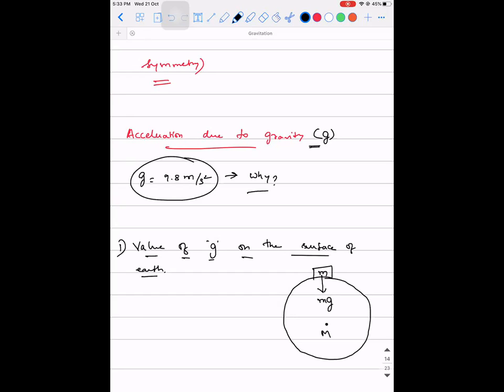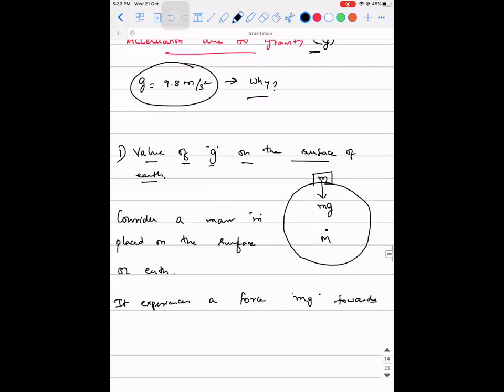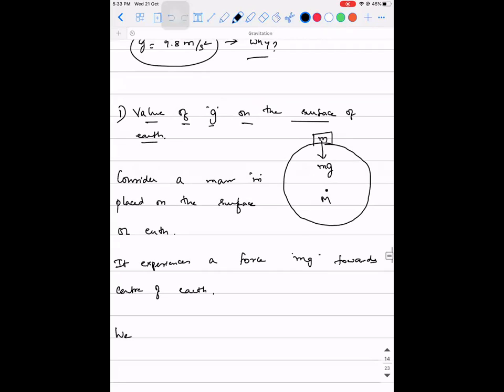So I'm writing down all the points. Consider a mass m placed on surface of Earth. It experiences a force mg towards center of Earth. Next point.